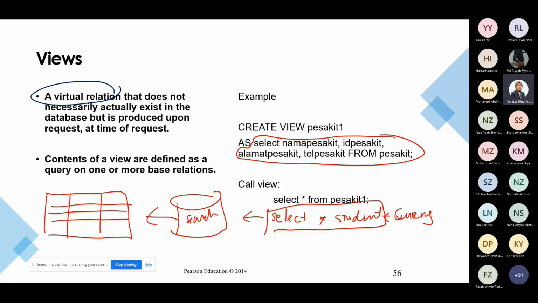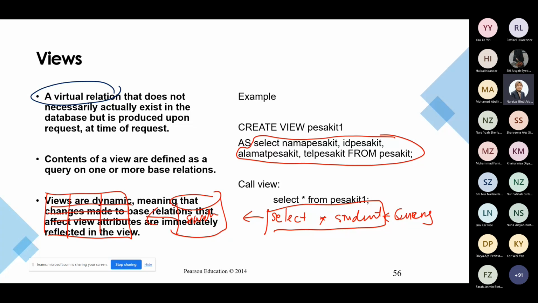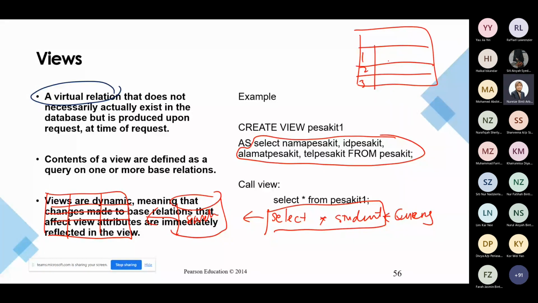Okay, and this is dynamic, meaning that changes made to base relation that affect view attributes are immediately reflected in the view. It means that, okay, we select everything from table student. Table student currently has 1, 2, 3 students. Okay, and then you make a query, then this is what they show to you, 1, 2, 3.